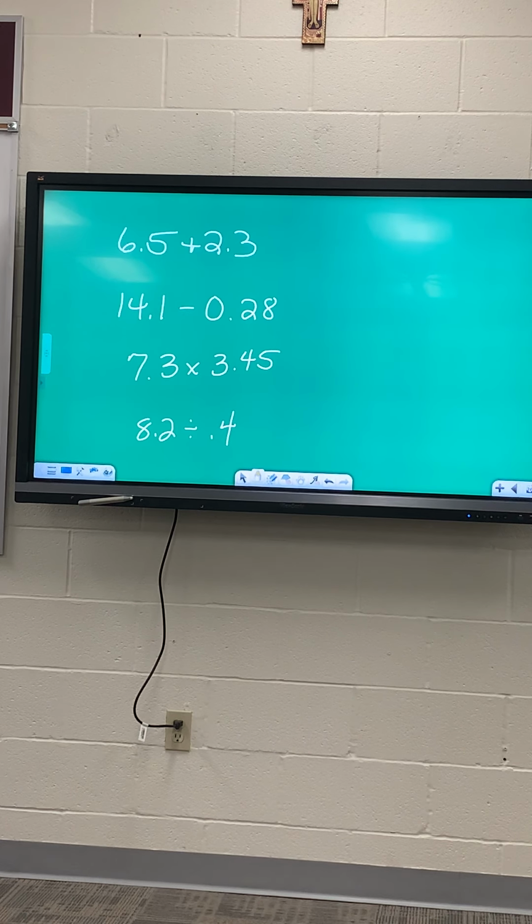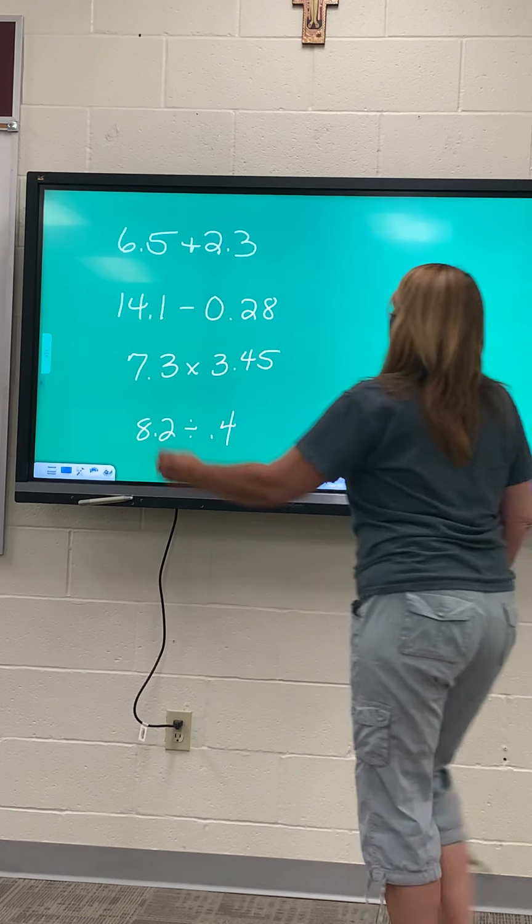Remember these old friends? Maybe they weren't friends. Right now, this is what I'm doing with sixth grades, this is where you were last year, remembering how to do these decimal problems. When do you need to line up decimals? When you're adding or subtracting.